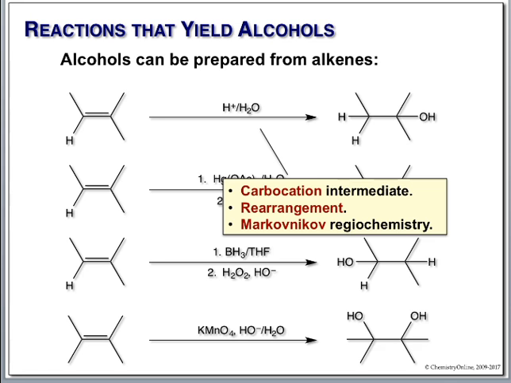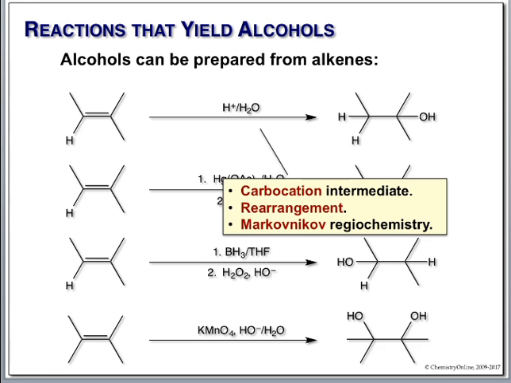And finally, we're going to get Markovnikov regiochemistry. Now what that means is we're going to form the most stable carbocation that we can here, and the OH group is going to add to that carbon. Carbocation, rearrangement, Markovnikov.